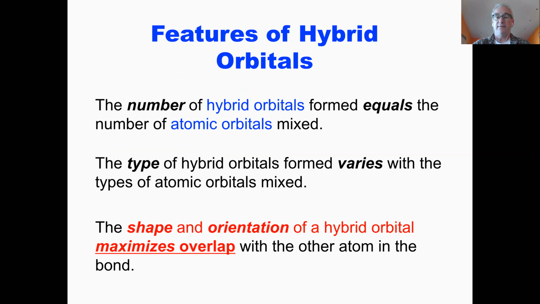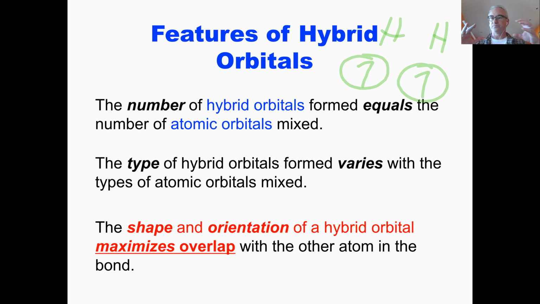We talked about hydrogen first. So hydrogen looks like this, right? It just has the 1s orbital. Here's one hydrogen atom. Here's the other hydrogen atom. When they come in close enough contact with each other, these parts of the orbitals will overlap. And so now we'll have two electrons in that space, forming a bond.